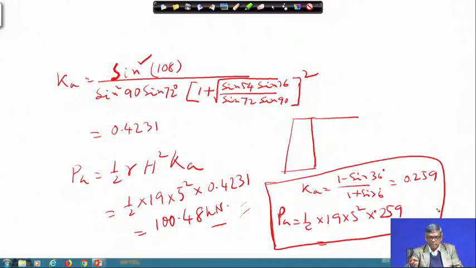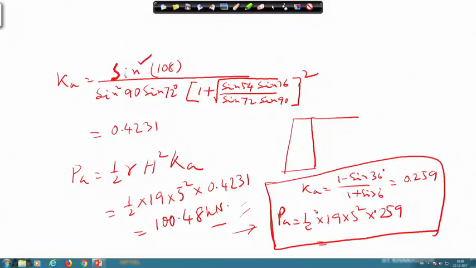In combination both can be done, but in general we use Rankine's theory because the expressions are simple. If necessary, you can increase the value a little bit for the design to make it safer, otherwise it is enough. So, this is one problem I have taken with the purpose, since I have discussed Coulomb's theory, to highlight in what way it is different.